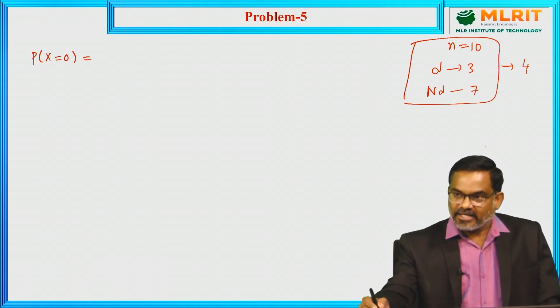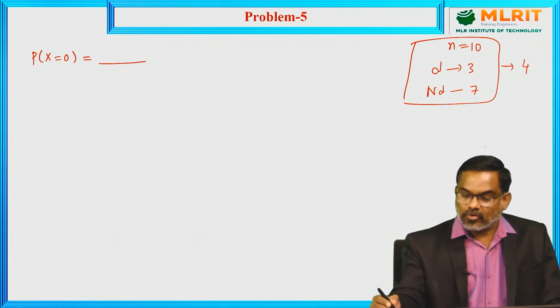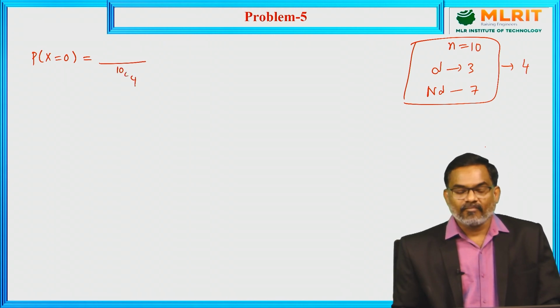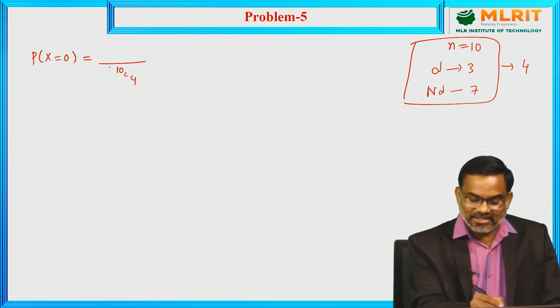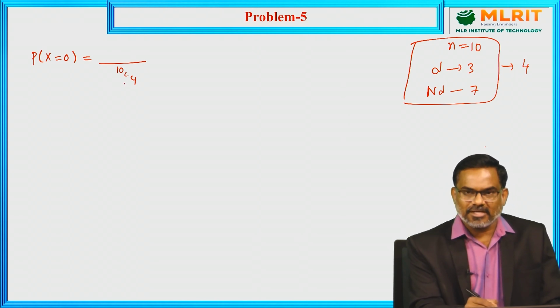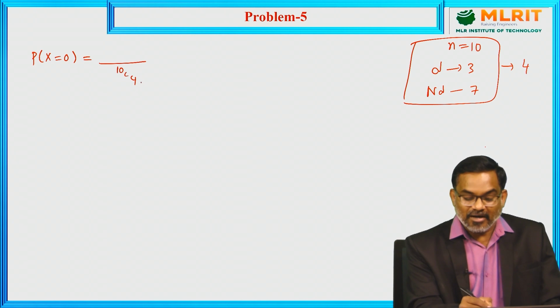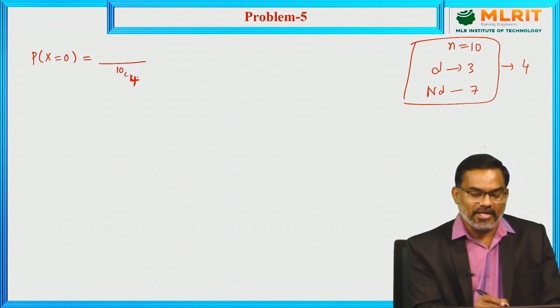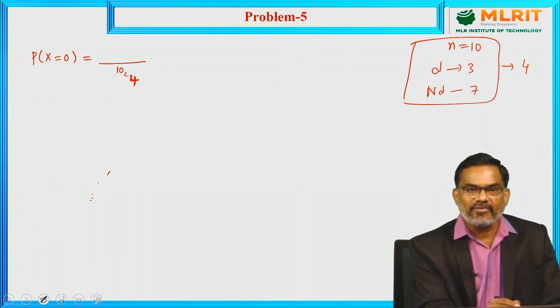So we are selecting 4 items. There are a total of 10 items, so we can select in 10C4 ways, and this is the total number of possibilities. Out of these 4, how many defective items should there be? Here capital X denotes the number of defective items.